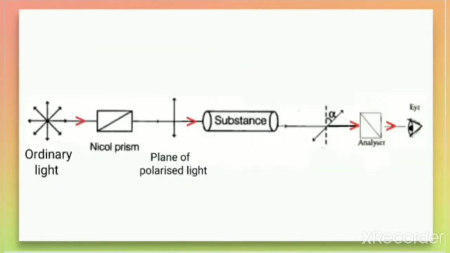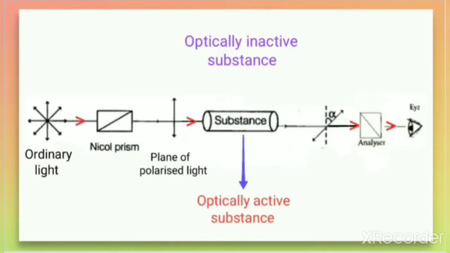When the plane of polarized light is made to pass through a substance, this substance can be a solution of any organic compound, and it is analyzed through an analyzer, if the plane of polarized light is rotated by a certain angle either to the right side or to the left side, we can say either in the clockwise direction or in the anti-clockwise direction, then such substances are called optically active substances.